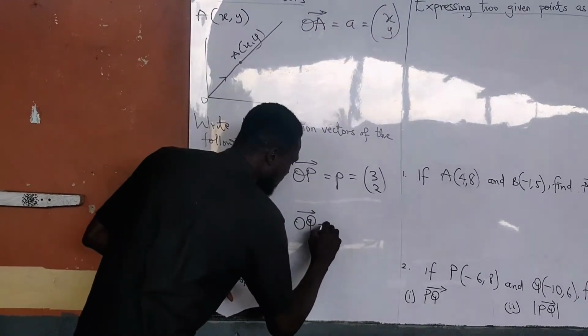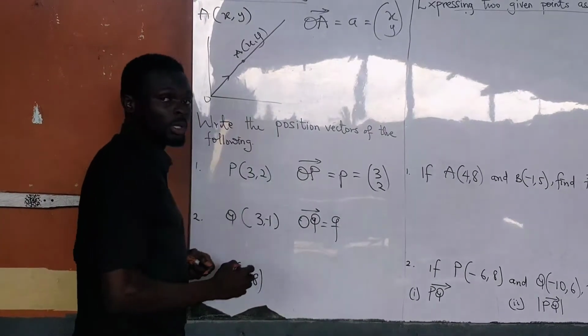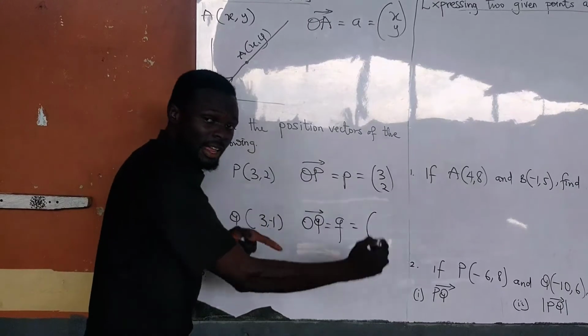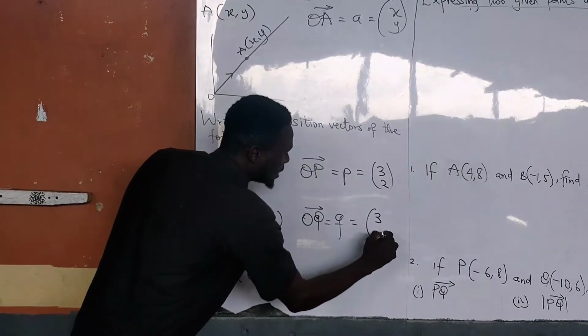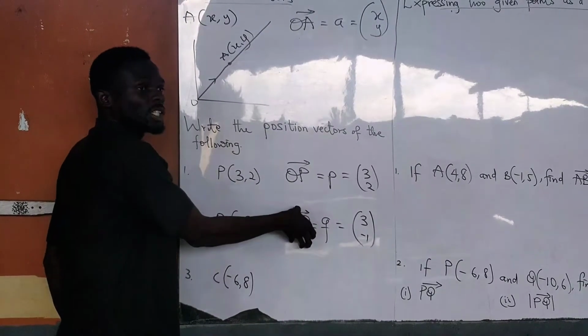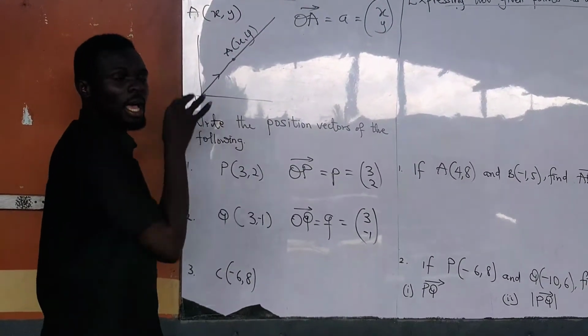OQ is equivalent to small letter q, which is equal to (3, -1) written vertically, and we say this is the position vector of the given point.